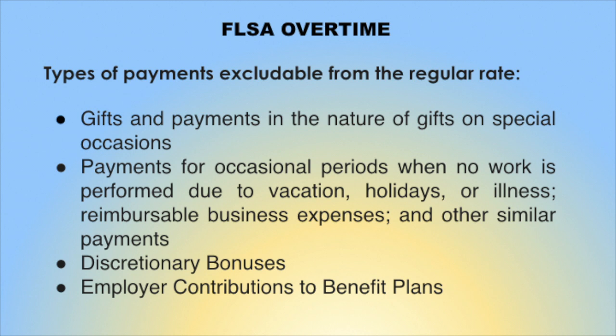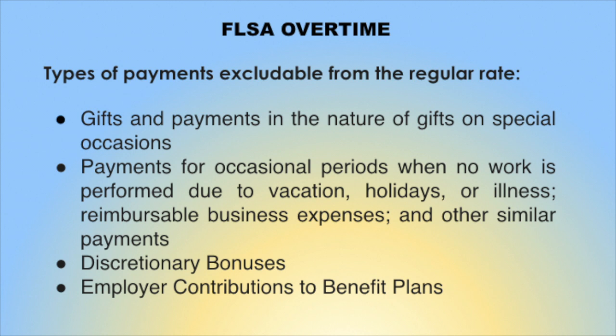Now, let's discuss the difference between discretionary and non-discretionary bonus. A discretionary bonus should not be included in the regular rate of pay, but a non-discretionary bonus is included in the regular rate of pay. So a discretionary bonus is one that is given at the sole discretion of the employer and is not expected by the employee.